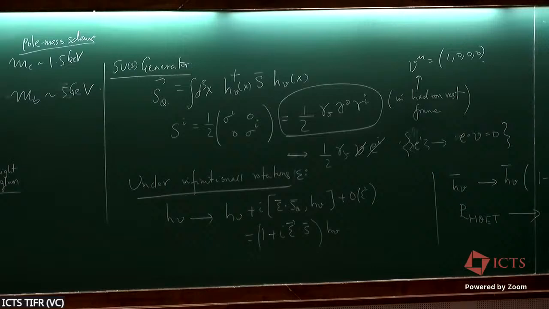So my observation is that HQET has an SU(2) cross U(N_f) heavy quark spin-flavor symmetry, which is a symmetry of HQET, but not of QCD.